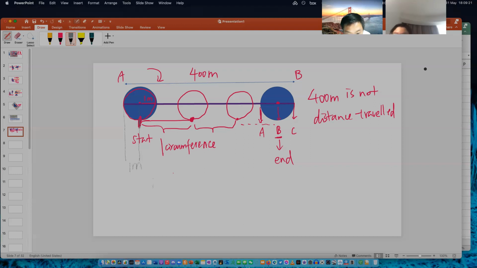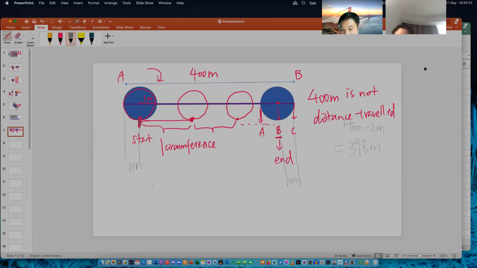And when the ball hits here, you also have another 1 meter not traveled. So the ball only travels 400 minus 2 meter. So the distance traveled by the ball is only 398 meter.